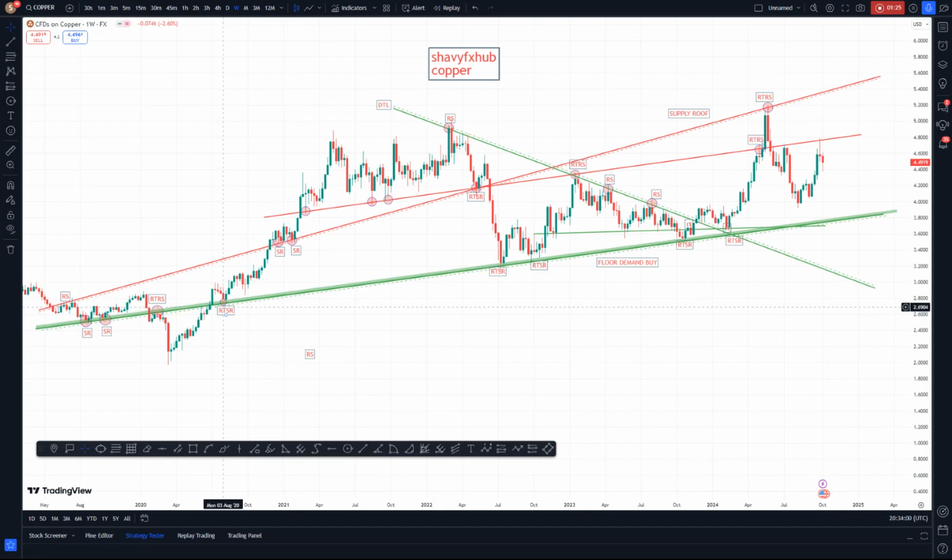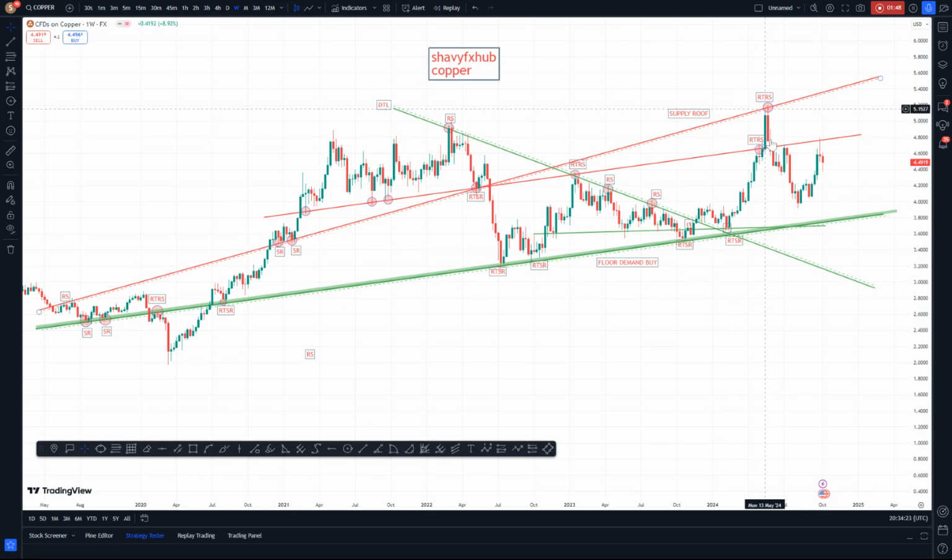Price has been on the support structure. We came down in 2022, we bought. In 2020, yes, September, we bought. We returned 2023, we bought. We returned again 2024 February, and copper left. Copper left immediately.